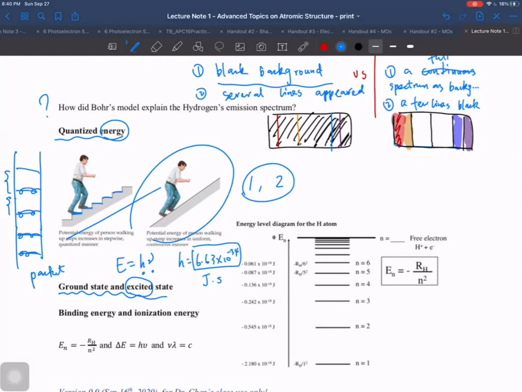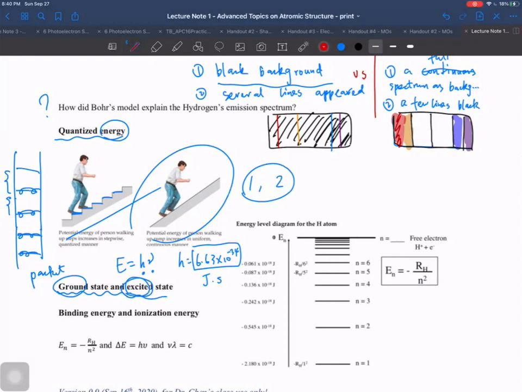I think this makes sense because when you are on the first floor, you have lower energy and you are in a safer place. If you go to a higher place, you have a higher risk of falling down, right? That means you are in danger. You are more dangerous than in the ground state. This is the difference between ground state and excited state.